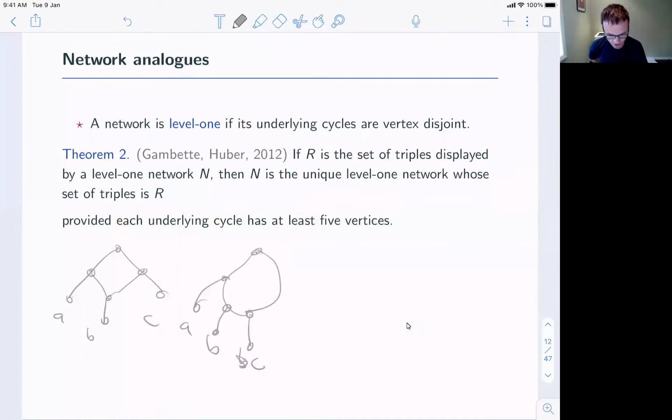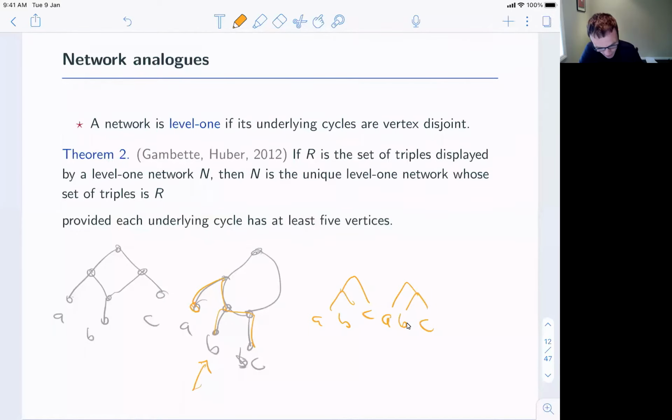Both those two networks display these two triples, ABC and BCA. The root of a triple doesn't necessarily have to coincide with the root of the network, but there's the BCA line there.